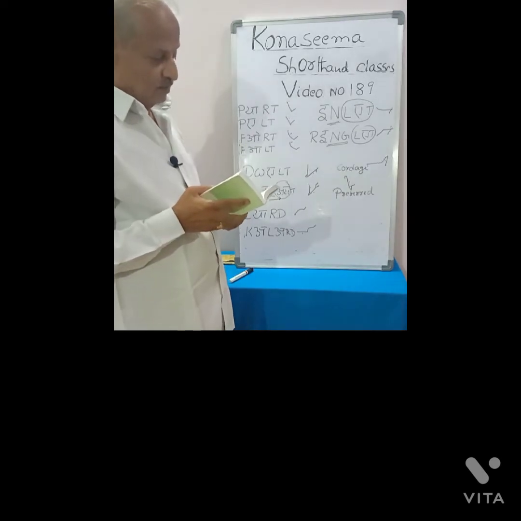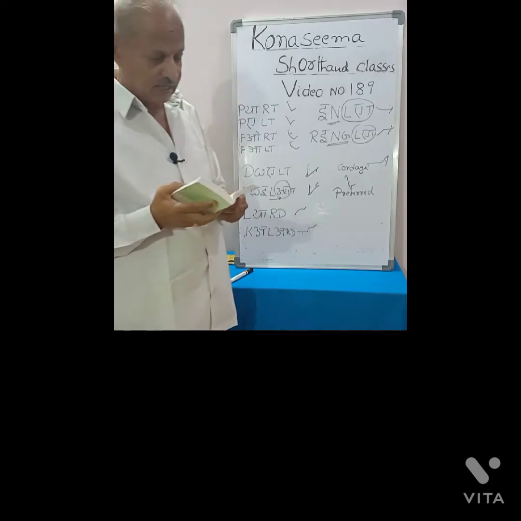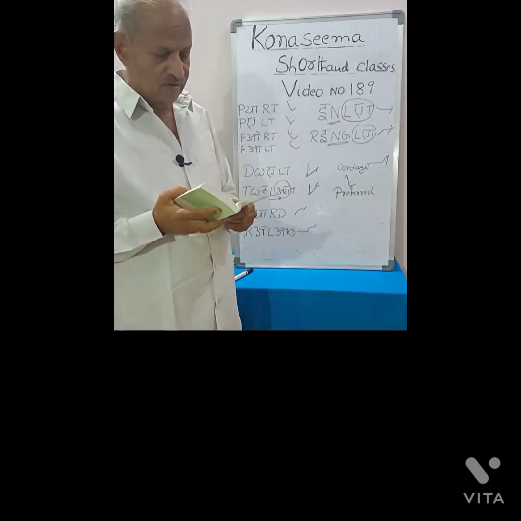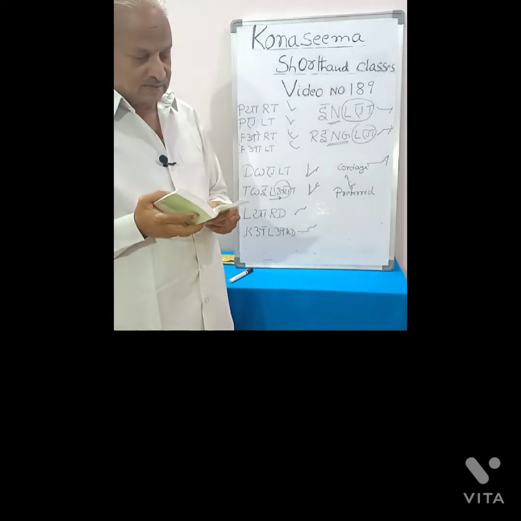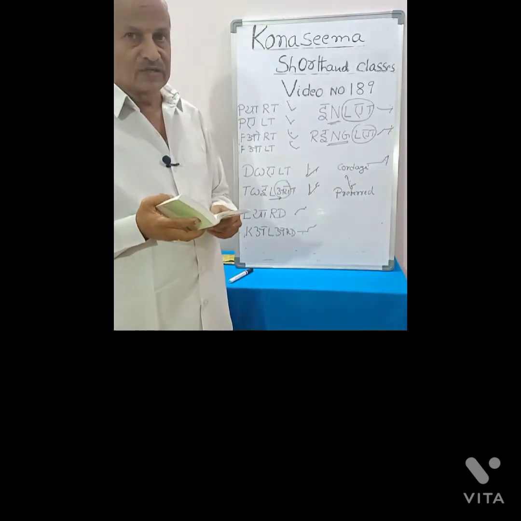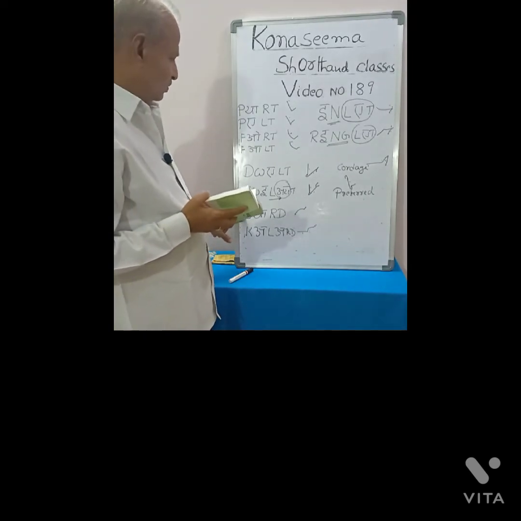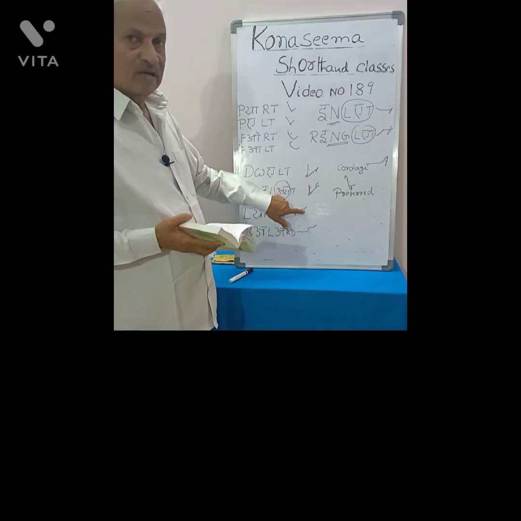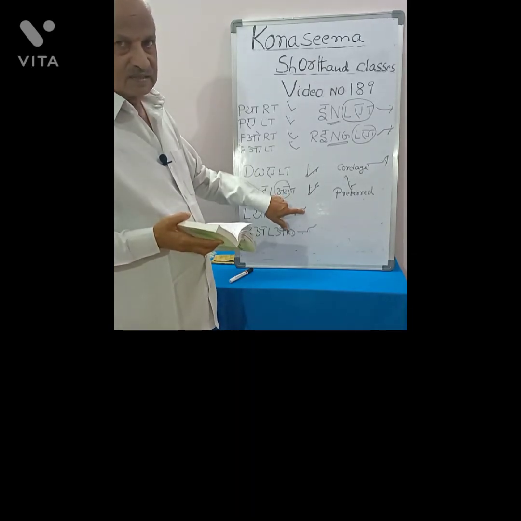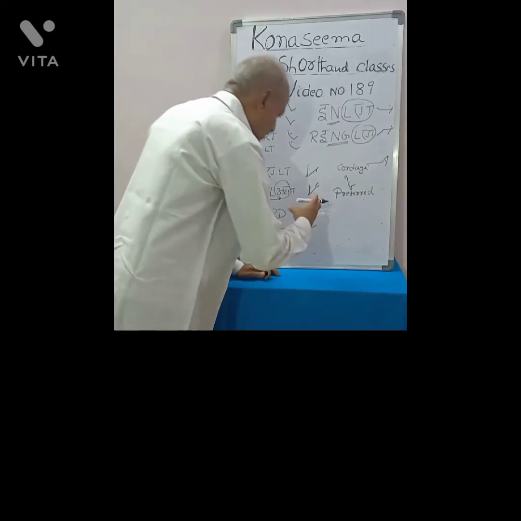Next, the light sign reti. The light sign reti may be used for RD also when it is not convenient to write RD. You see, this is Lord. Actually, this is the sign for RT, but it is not convenient to write this RD here.